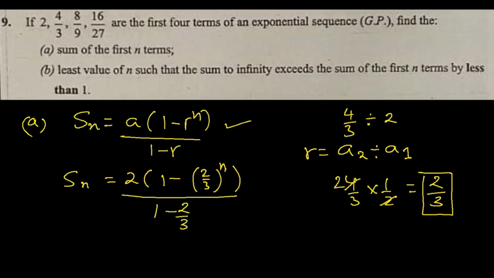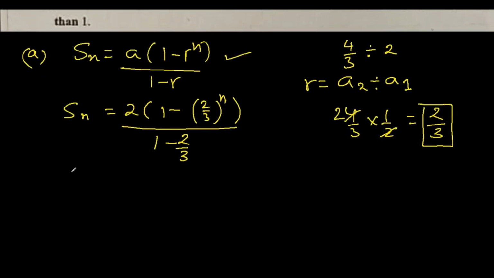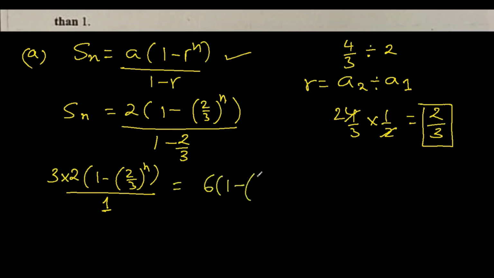So let's simplify this one now. 1 minus 2/3 will be 1/3. And when we have 1/3 in the denominator, we just write 1 here and make the denominator a numerator here. So it becomes 6 times 1 minus 2/3 to the power n. This is the sum of first n terms.